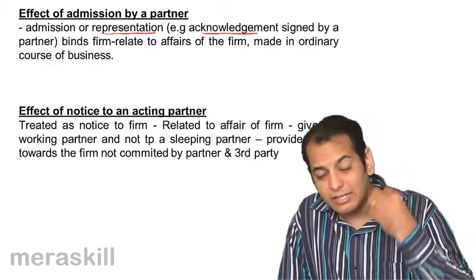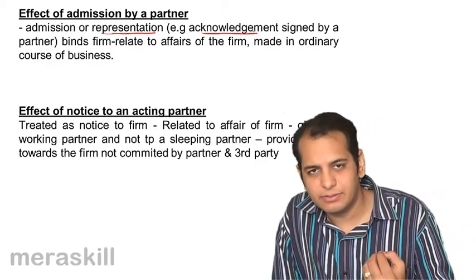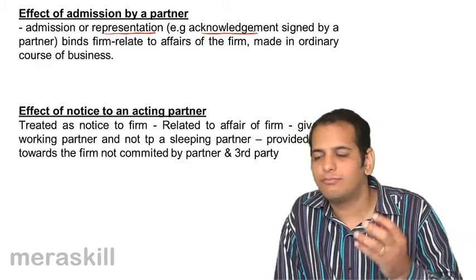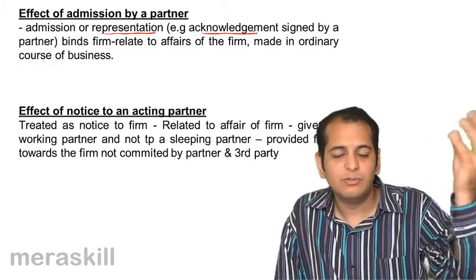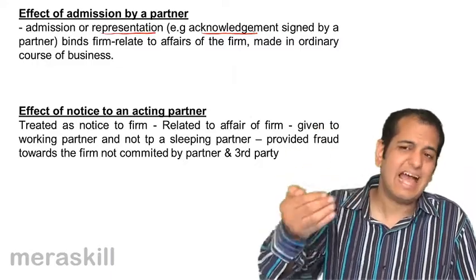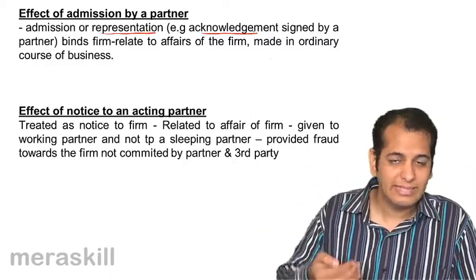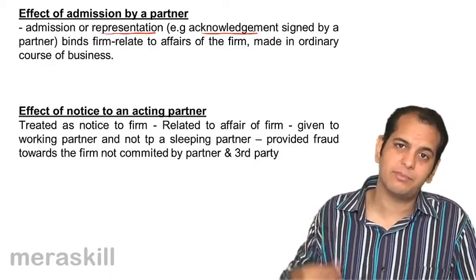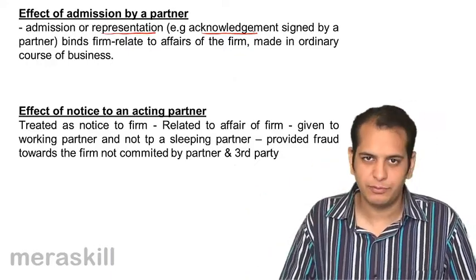That means any agreement where a partner accepts, yes, I'll do this, the firm will do that. We'll sell you 100 units, we'll purchase 50 units from you. What is he doing? He's acknowledging. He's representing the firm. He's making a representation on behalf of the firm.